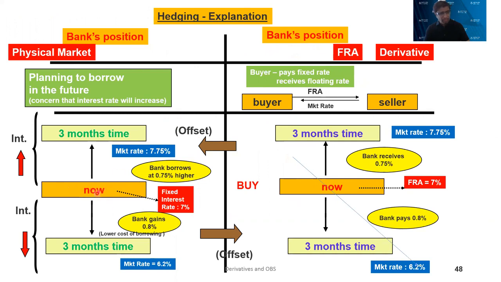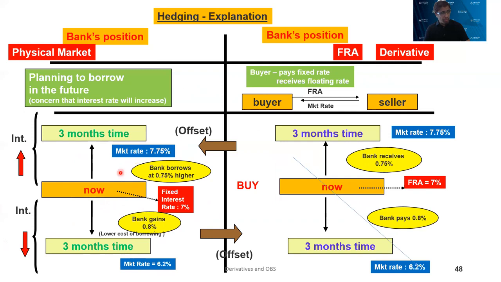Don't worry about all those numbers. Assuming it is 7%, please ignore this area first of all, and let's talk about this area. Now, the rate is 7%, so you make a contract. In the future, after 3 months, either the interest rate will go up or it will go down. If it goes up, it could go to 7.75. If it goes down, it could go to 6.2%.